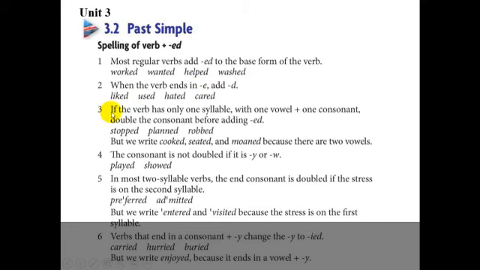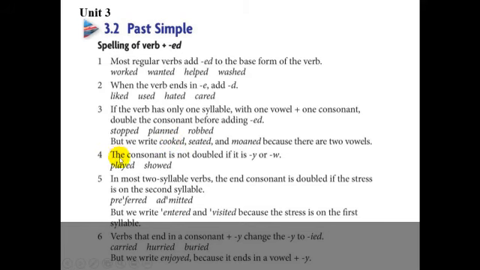Third, if the verb has only one syllable with one vowel plus one consonant, double the consonant before adding ed, like stop, stopped, and so on. But we write cooked, seated, from cook, seat, and so on, because we have a double vowel letter followed by a consonant.